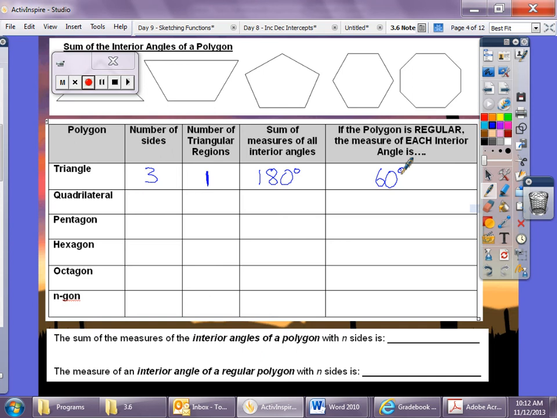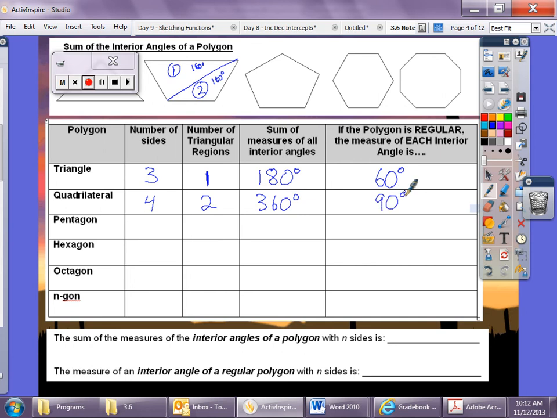Now a quadrilateral has 4 sides and 2 triangular regions, so 180 degrees and 180 degrees is 360 degrees. If it's regular, each interior angle is 90 degrees.